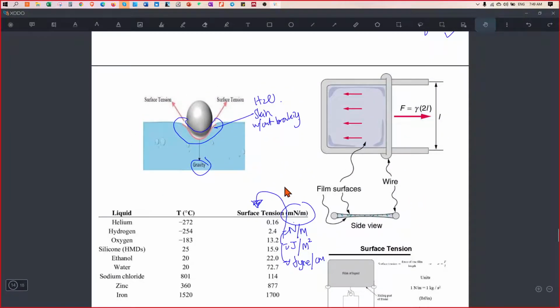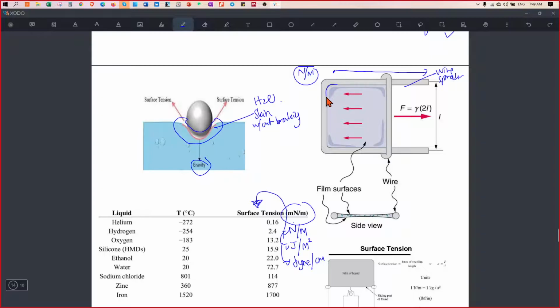Look at this unit here, Newton per meter. It measures what? It measures when you have an equipment like this. We call it the wire spreader. You have your water, so this thing can spread from this side to this side.